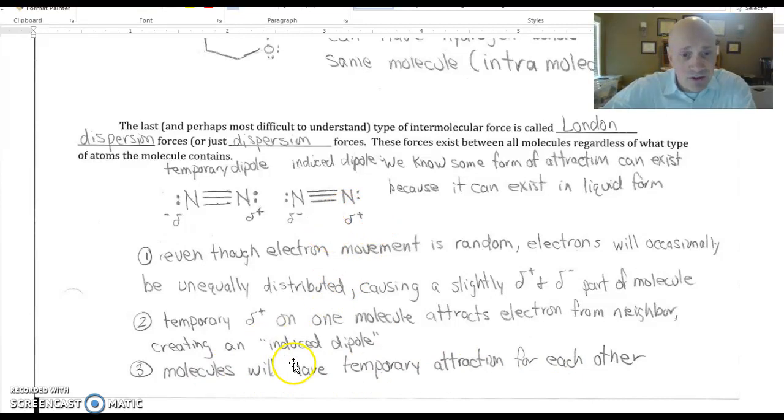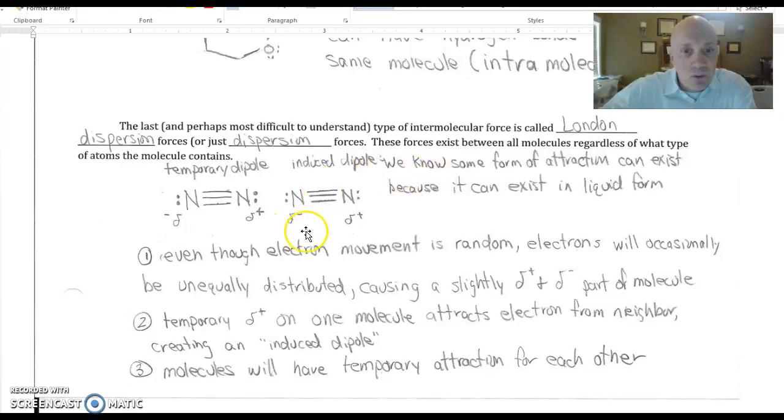The thing I want to stress about this is that this situation is temporary. Remember, it was caused originally by random electron movement, and within a matter of a very short period of time, the same random electron movement which caused the temporary dipole will probably cause the temporary dipole to disappear, and this attraction will soon after disappear.